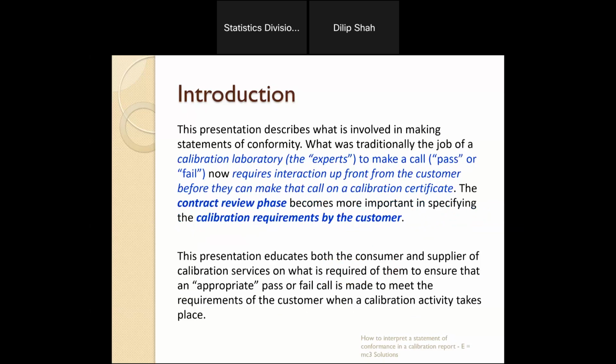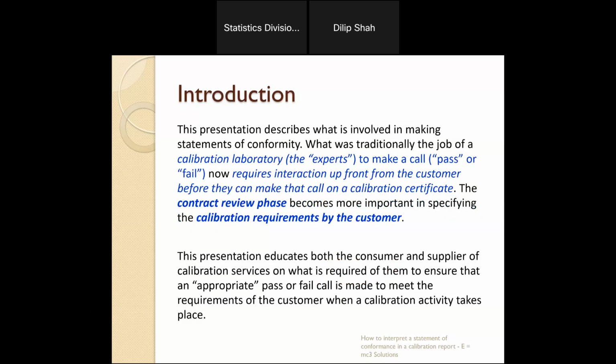So before, traditionally, you sent an item out to be calibrated, and a laboratory calibrates it and says, yes, the item is good, that means it passed, or it failed a certain specification. And you took their word for it.